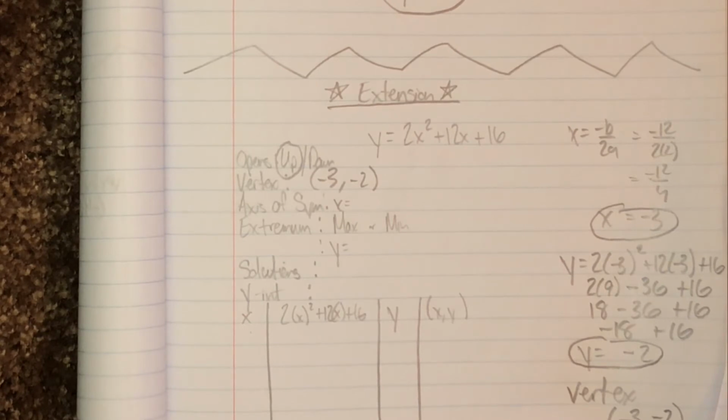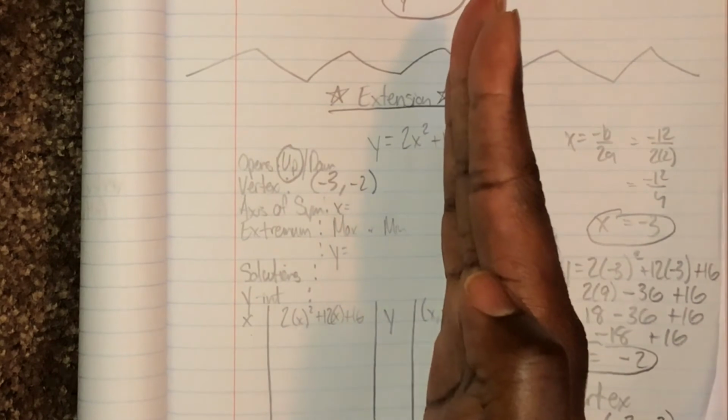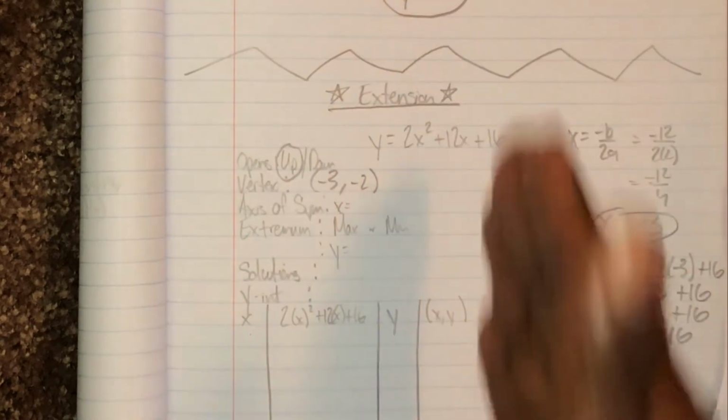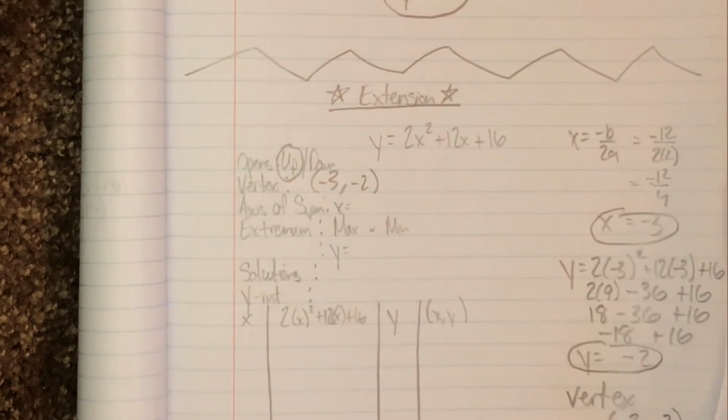My axis of symmetry, that is a line where it folds, where it creates the same thing on both sides. That is gonna be an x line because parabolas either open up or down, symmetric on both sides, so it's gonna fold in half vertically. And all of my vertical lines are x equals whatever.